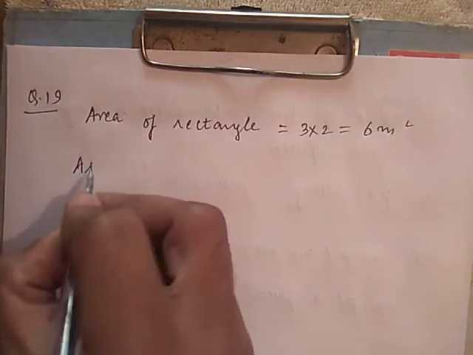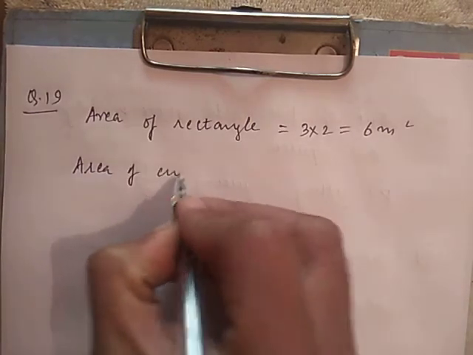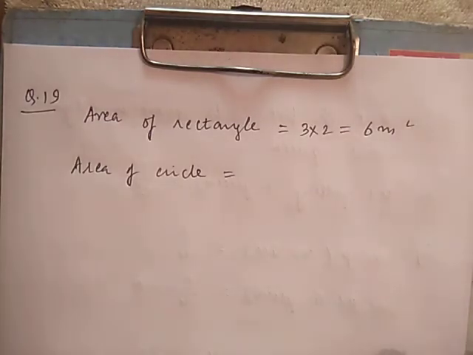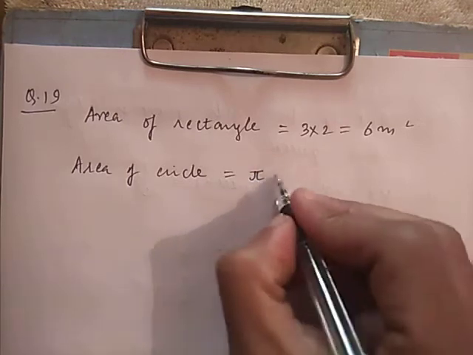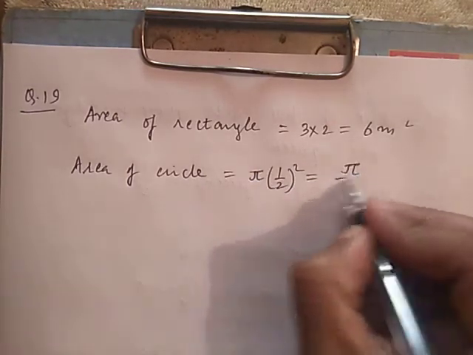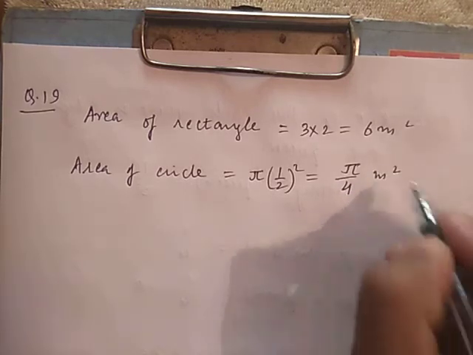And what is the area of the circle? The diameter is given as 1 meter, so the radius will be 1 by 2. So it will be pi into (1 by 2) square, that is pi by 4 meter square.